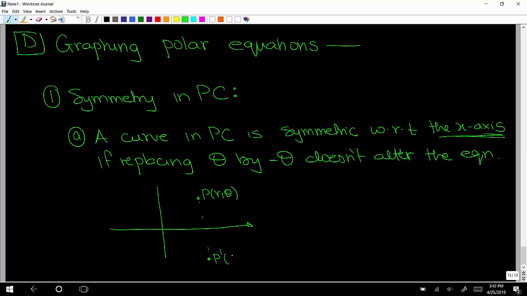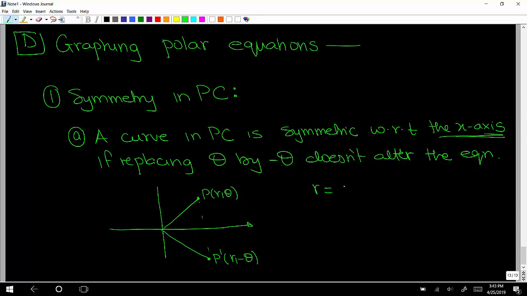In this case, it will be r negative theta. So a curve is symmetric with respect to the x-axis if you replace theta with minus theta, it doesn't alter the equation. What does that mean? Let's take a look at this curve.